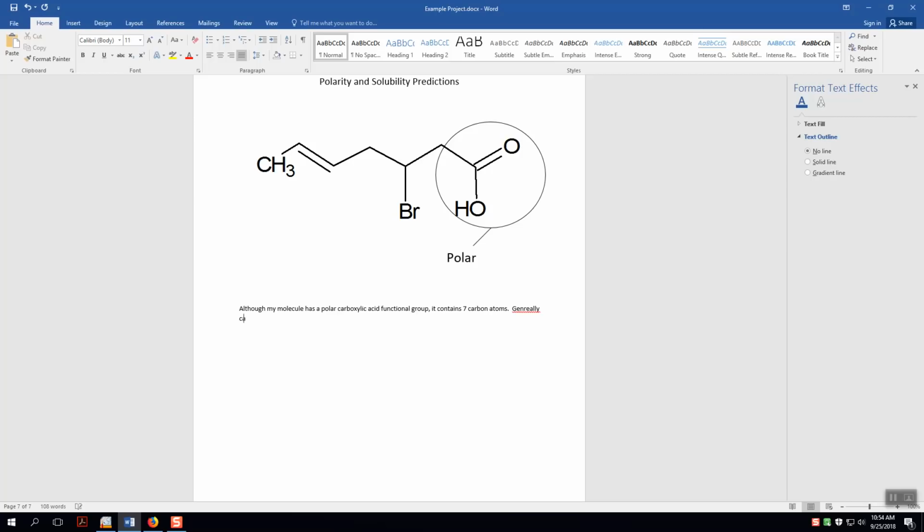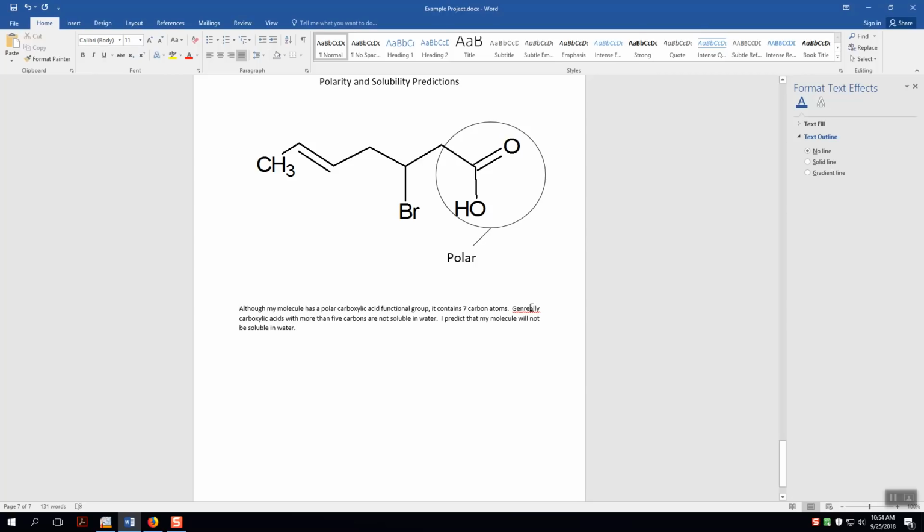Generally, carboxylic acids with more than 5 carbons are not soluble in water. I predict that my molecule will not be soluble in water.